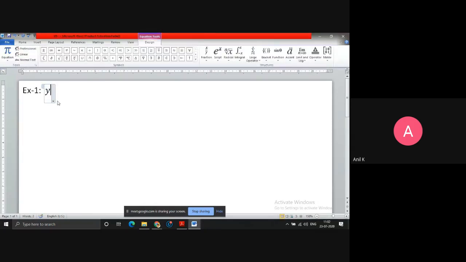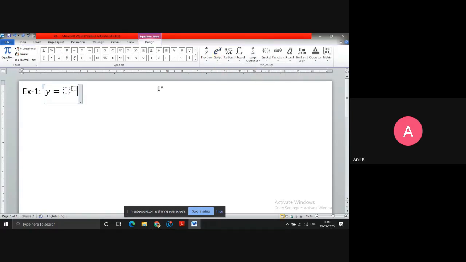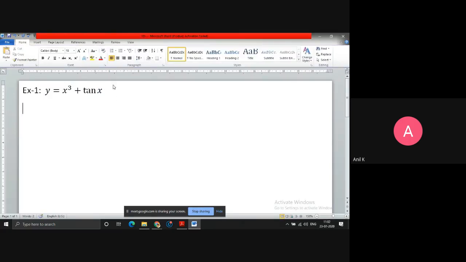We have y equals x cube plus tan x. Okay, this is the function which is given.